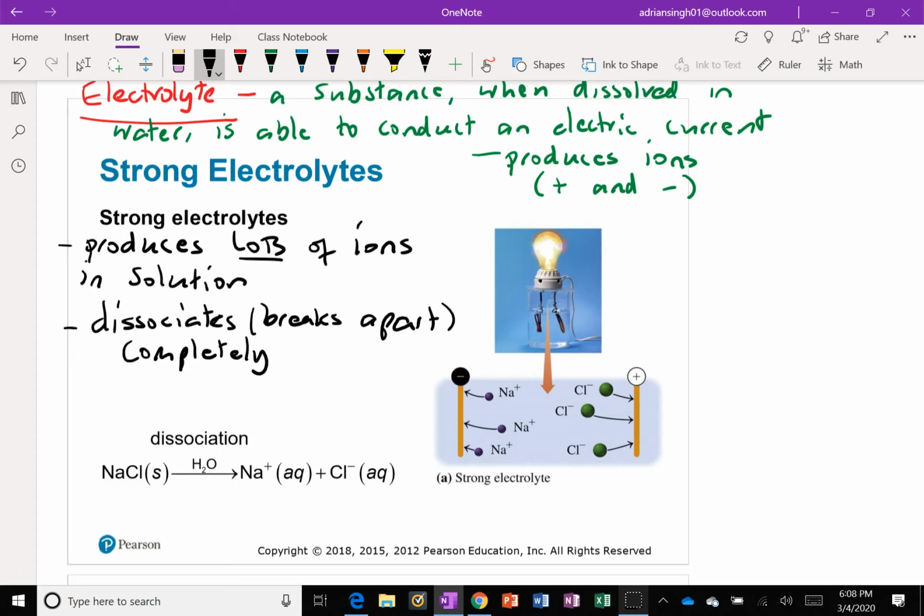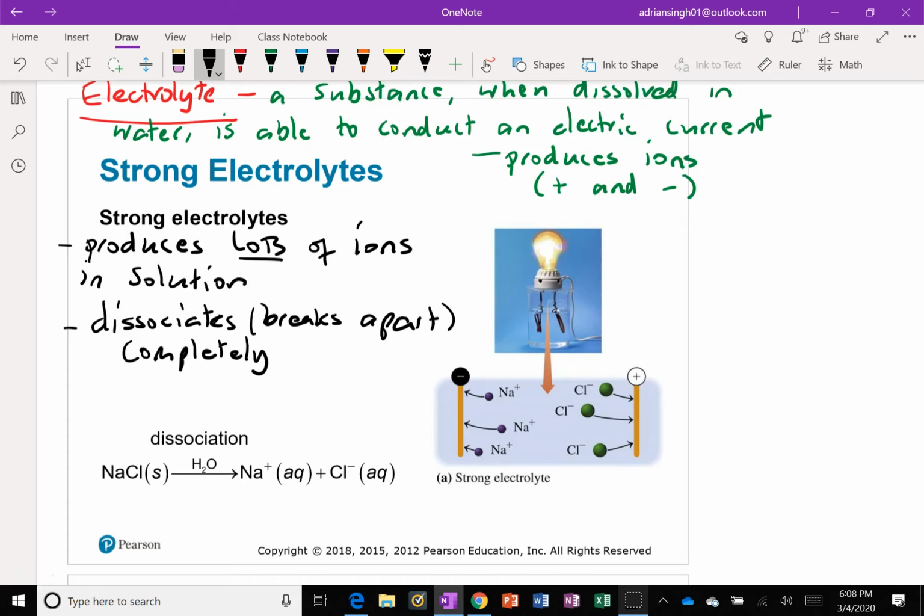And the example that we've used a couple times already would be sodium chloride, right? So you add that to some water and it just breaks apart into its component ions. So all you have in that salt water solution is sodium ions and chloride ions floating around in a bunch of water. So you have tons of those ions present, which will allow it to conduct that electric current.